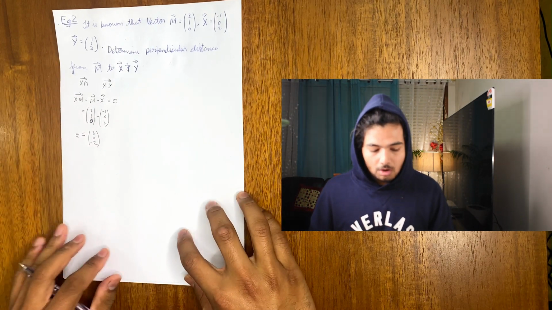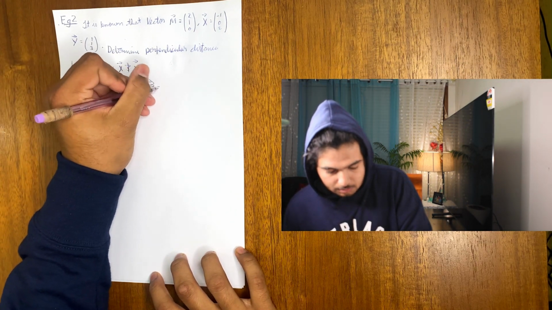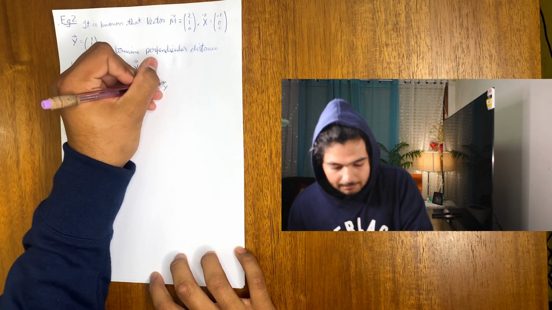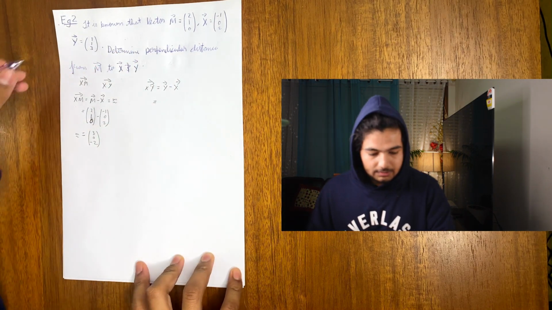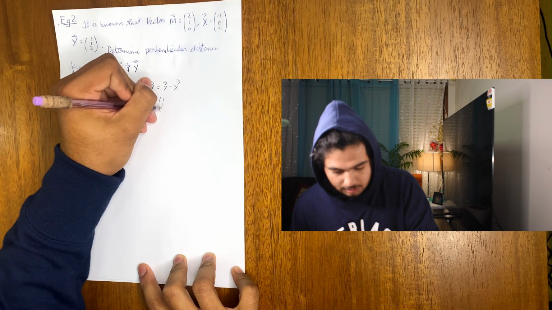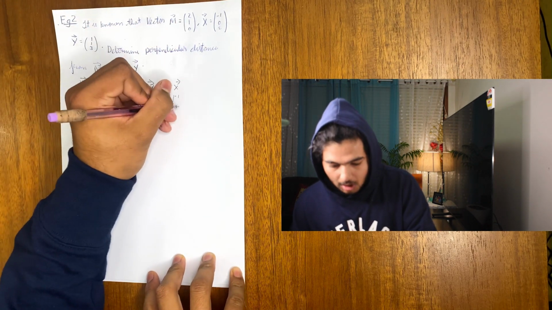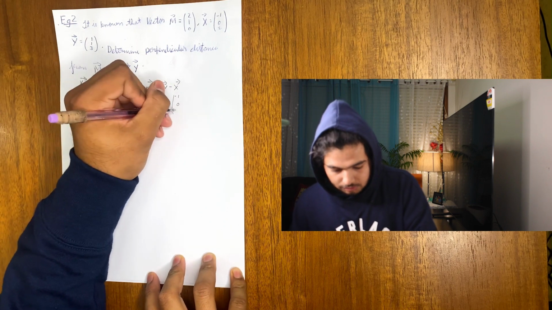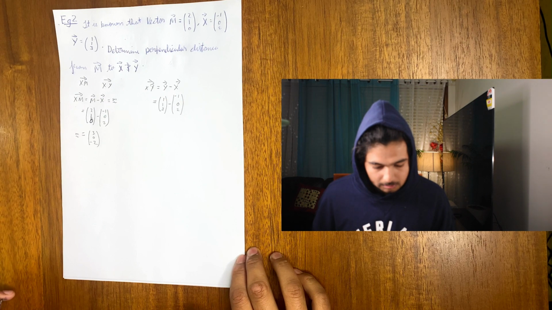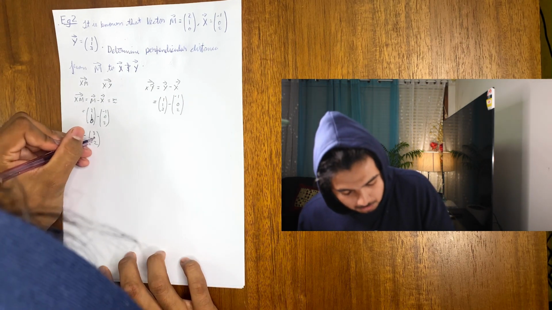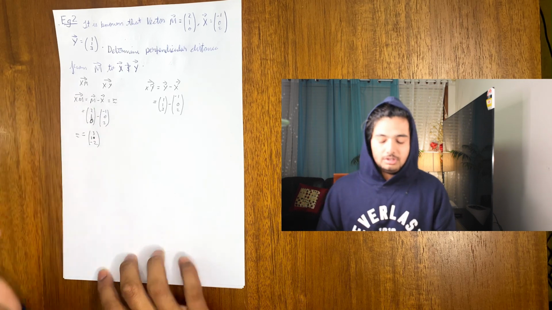Now we do vector xy. Xy equals vector y minus vector x. Y is (1, 1, 3), minus x, which is (-1, 0, 2). Oh, sorry, the middle is not 0, it's going to be 1, my bad, because 1 minus 0 is just 1.